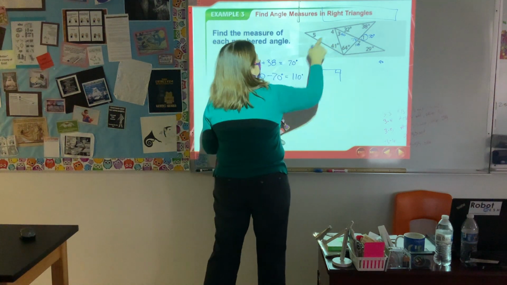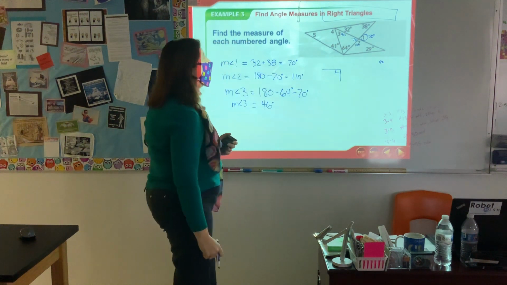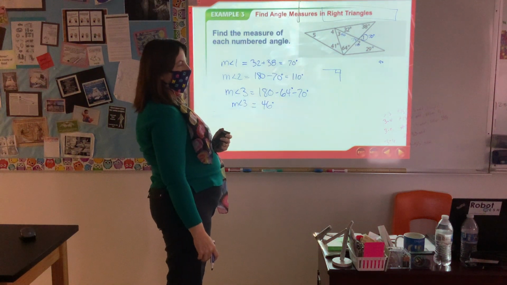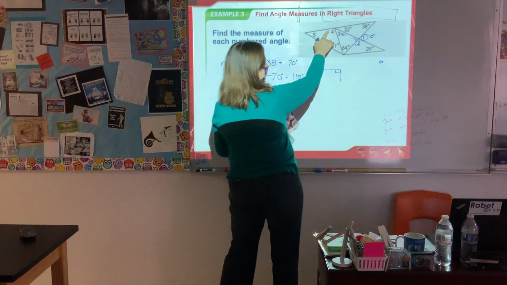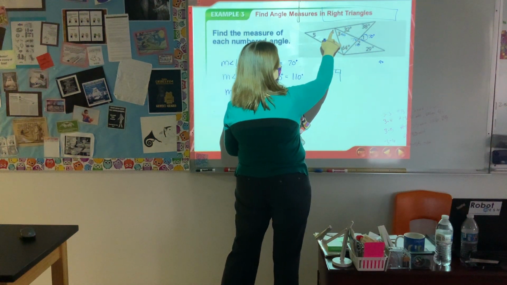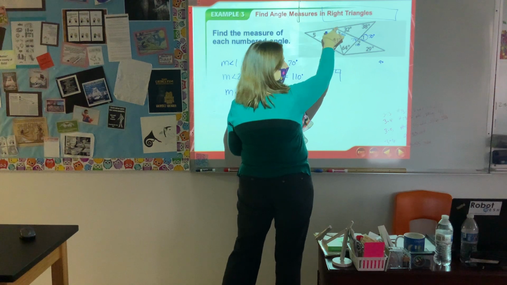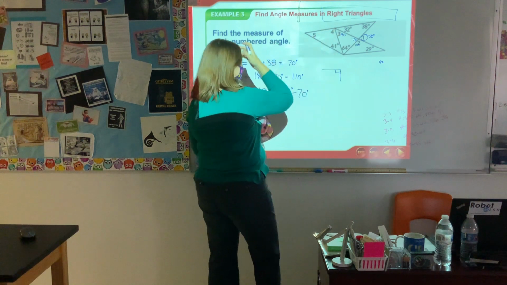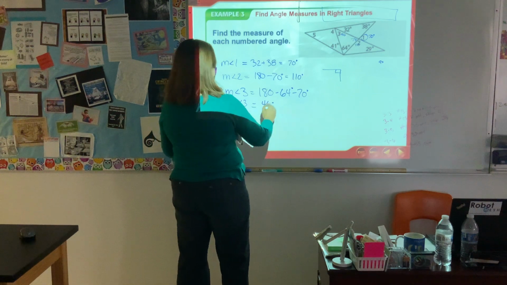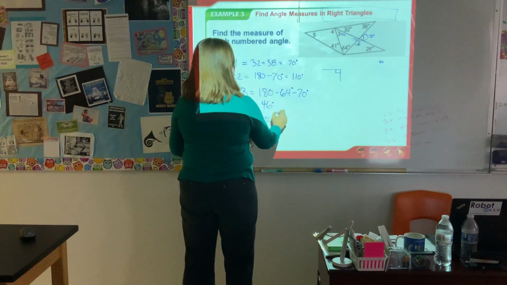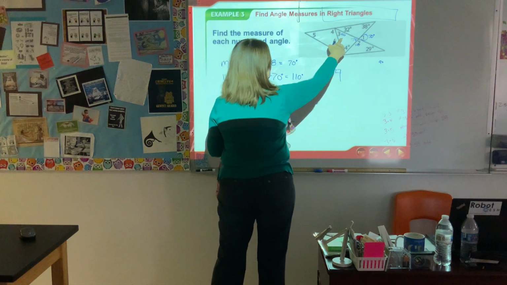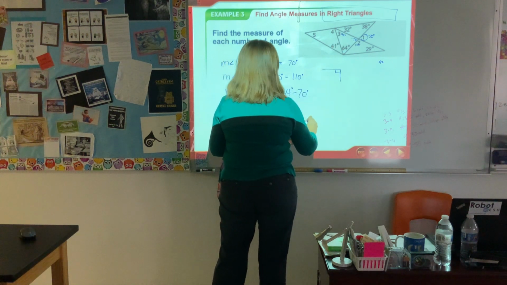Can I determine angle 4? Yes, I can. In this case, I don't just have a linear pair. I have 3 angles, this one, and this one, that are all making up the straight line. So they're still supplementary. My measure of angle 4 is equal to 180, subtract 32, subtract 46.